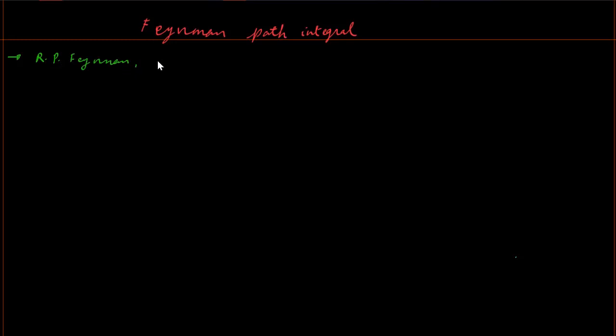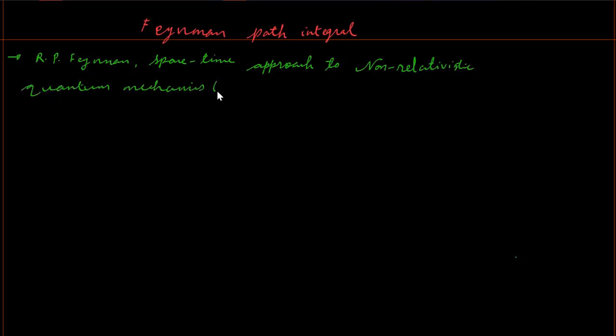Okay, and the name of the paper is Space-Time Approach to Non-relativistic Quantum Mechanics. Okay, and it was published in 1948. So whatever I am going to discuss here, you can find from this paper.